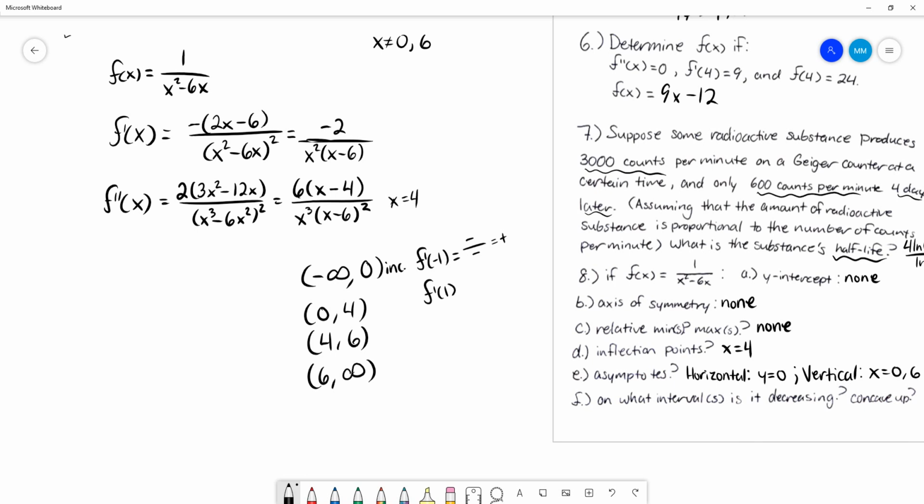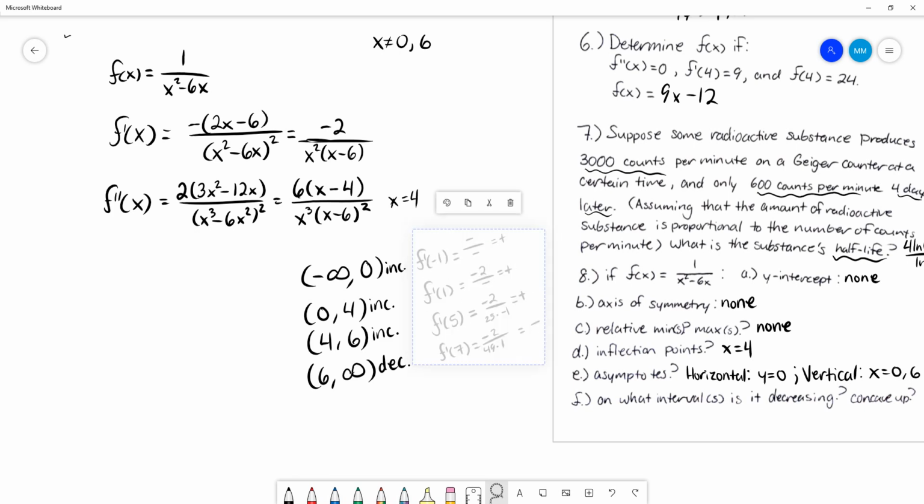Plug in maybe a +1 now, and I've got -2 over 1 times -5, so that's also positive, so that's increasing. Plug in a 5, and I'm going to get -2 over 25 times -1. Negatives cancel out, and that's still increasing. And then if I plug in maybe a 7, I'm going to get -2 over 49 times 1, which is just negative on top, so it's decreasing there.